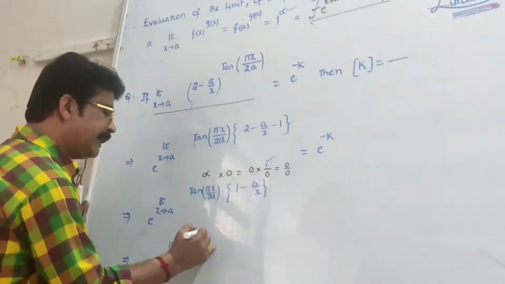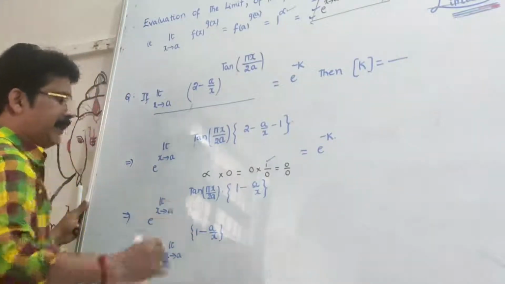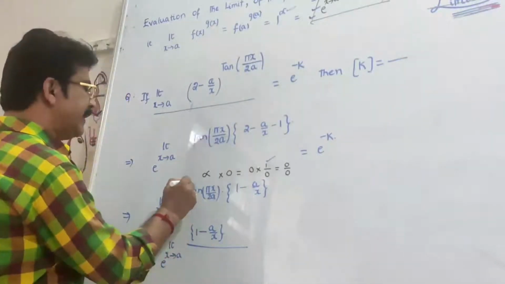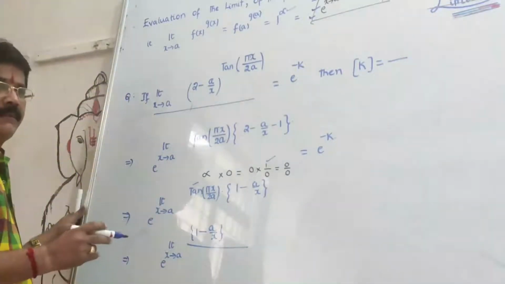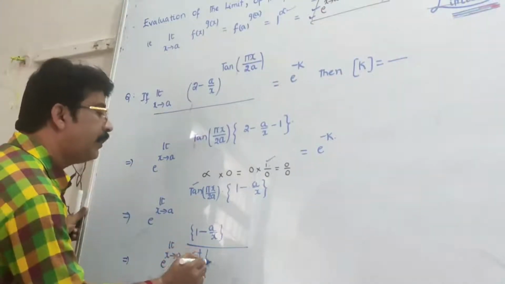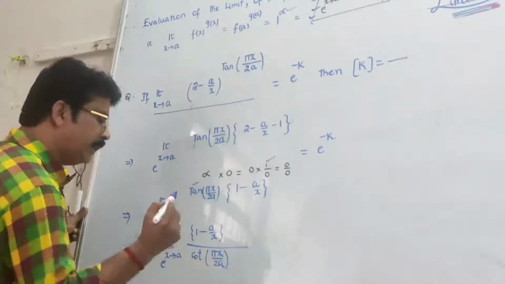We cannot change this factor 1 minus a by x. Next, clearly we can write tan theta equal to 1 by cot theta, so it is cot of πx divided by 2a.